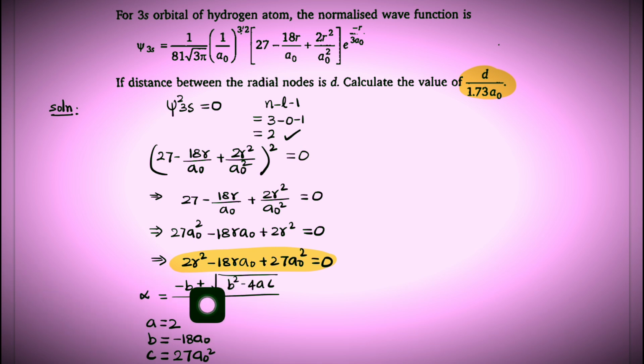Here it has two values, alpha and beta, because the first time I take the plus sign and the second time the minus sign, and you put all these values in.